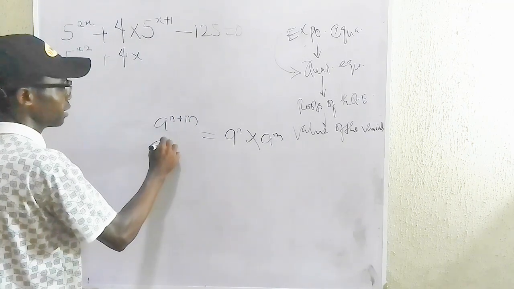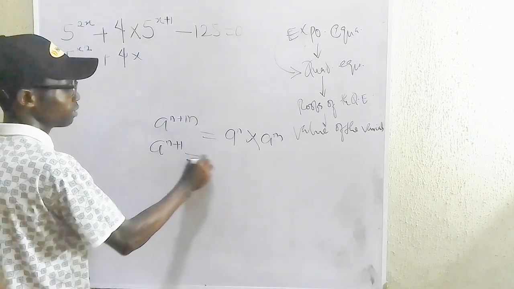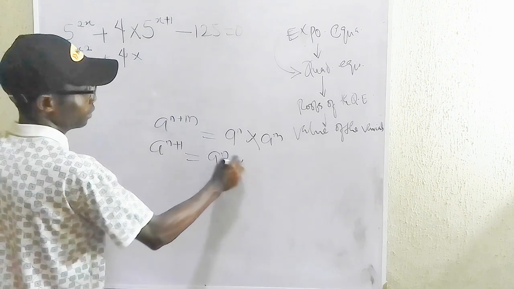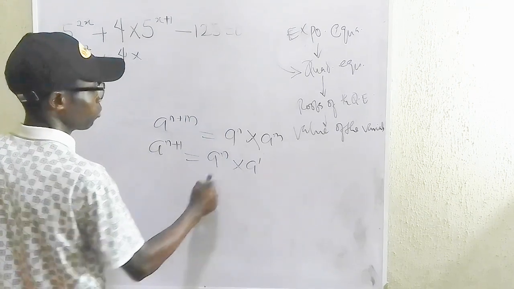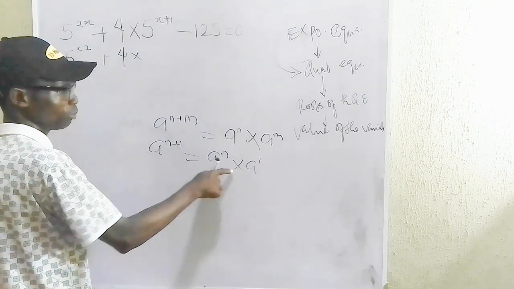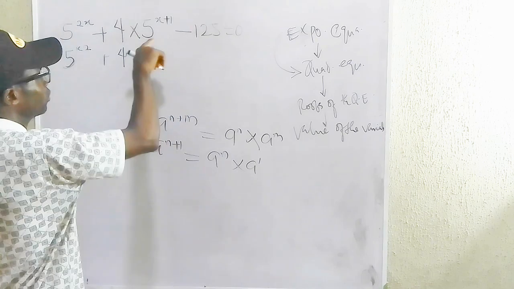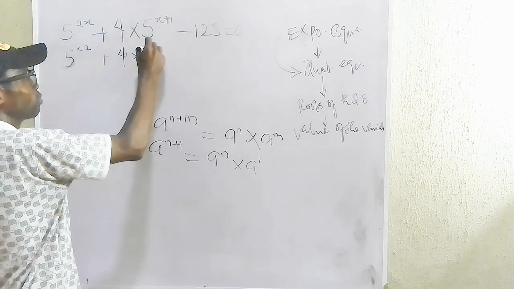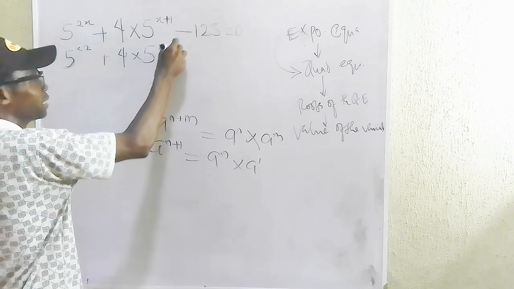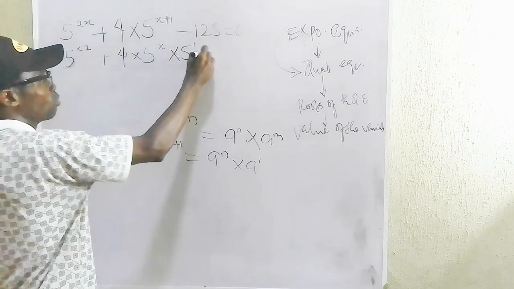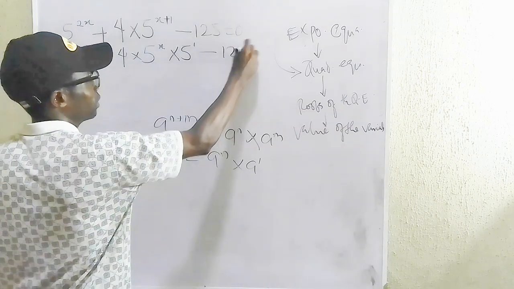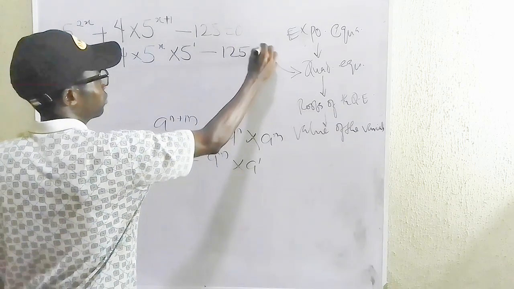Or if you have a raised to the power n plus 1, it's the same thing as a raised to the power n times a raised to the power 1. So this is addition in the power, and multiplication here. So the same thing here: this is actually 5 raised to the power of x times 5 raised to the power of 1, minus 125 is equal to 0.